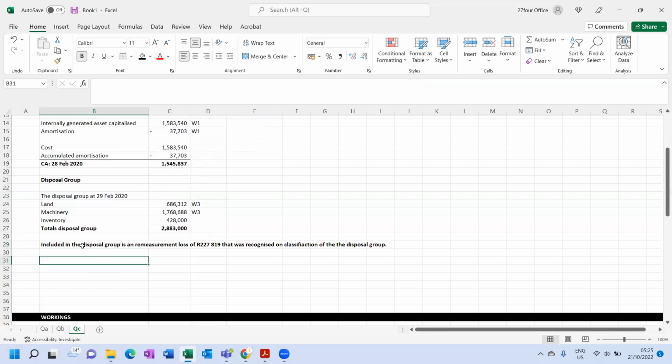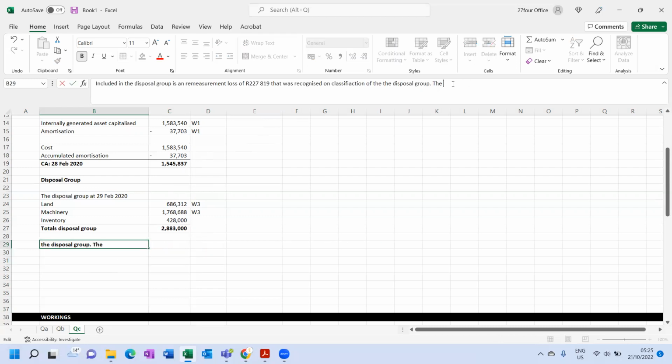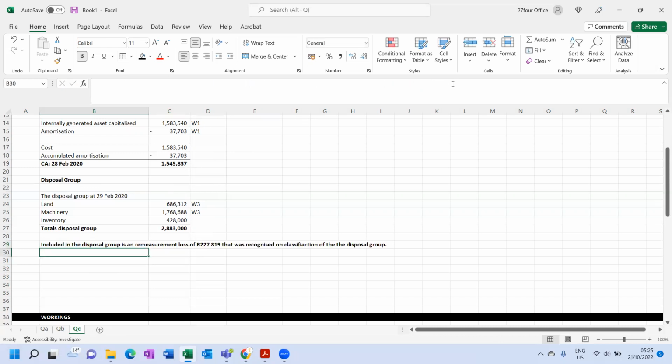And then you can say, if you want to, that at initial recognition of the disposal group, there was a loss of 227.